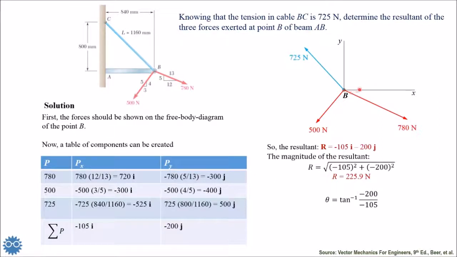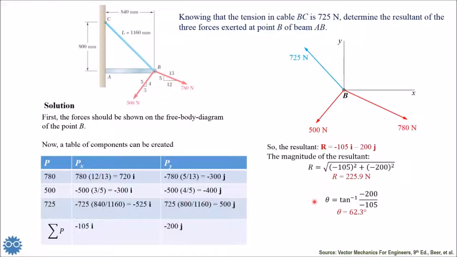So in order to have the angle measured from the x axis, we divide the y component over the x component and take the arctan to get the value theta, and it will give us 62.3 degrees.